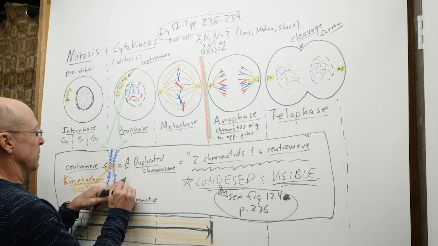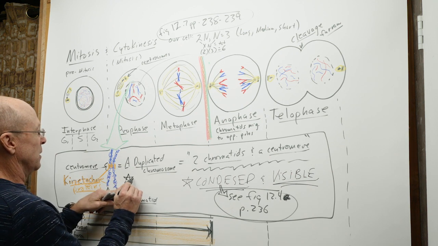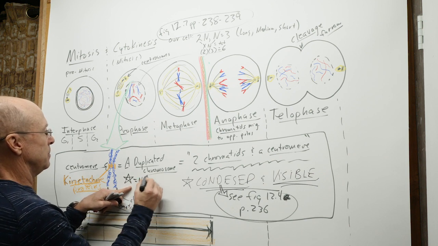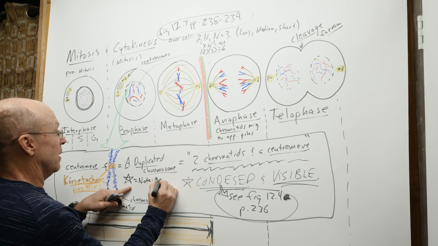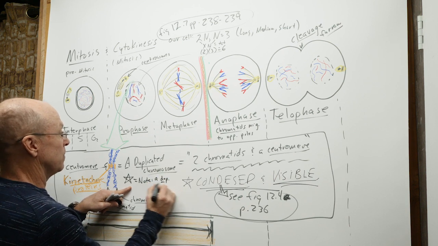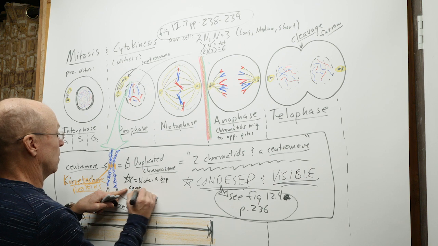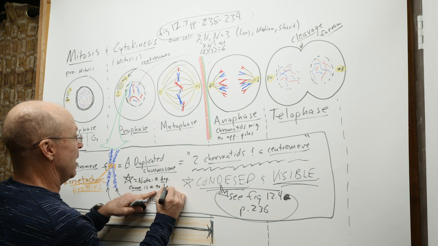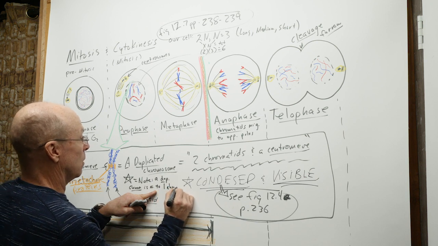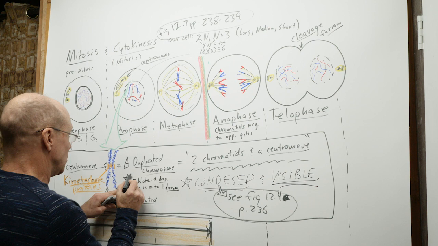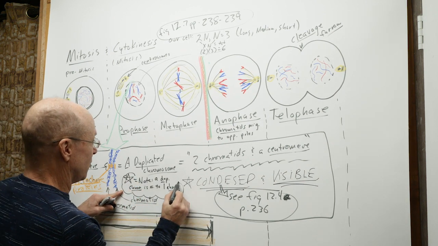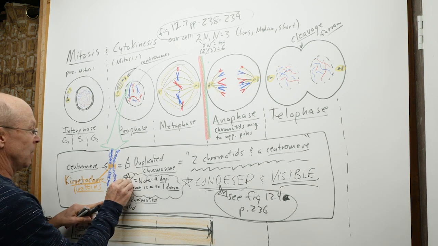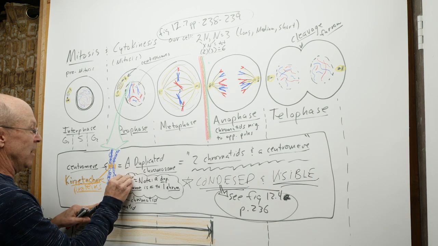So here, a big star, and that star says, note, a duplicated chromosome is equal, for ploidy purposes, to 1 chromosome. We need to throw that in here because we want to trace the ploidy of this process.